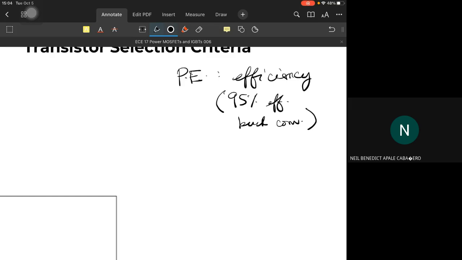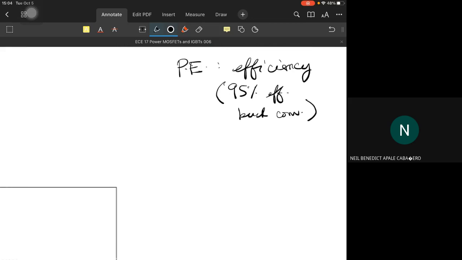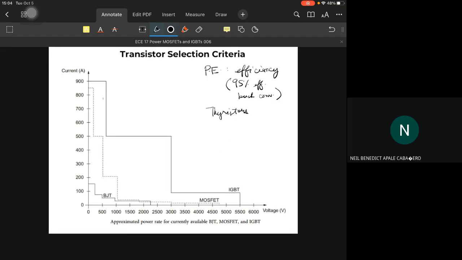So when we come back from our break next week, we will be dealing with another set of power electronic devices. These devices are faster and better suited for switching applications, and we call them thyristors. They have capabilities that BJT, MOSFET, or IGBT do not have.